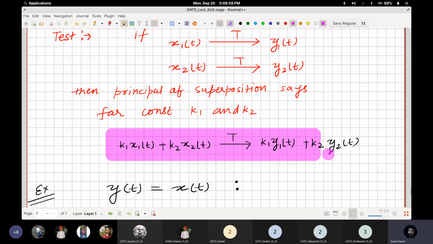If y1(t) is the output due to x1(t) and y2(t) is the output due to x2(t), then if you give the combination k1 x1(t) plus k2 x2(t) to the system, your output must be equal to k1 y1(t) plus k2 y2(t). This is what the principle of superposition says. Is this clear to you, or do I have to explain it a bit more? Yes, sir, clear, sir.